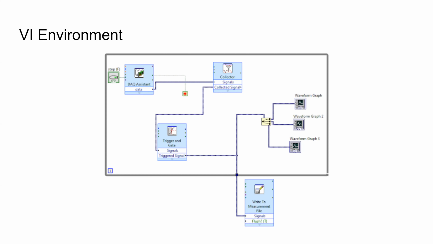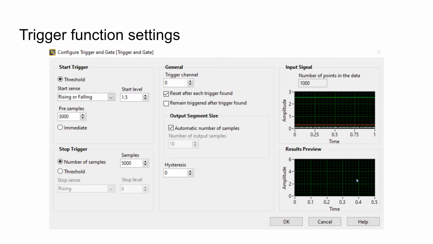All three of these are measuring different things, and so we have three different waveform graphs for that. And then we also have this trigger system, which tells LabVIEW when to start recording and when to stop recording based on when that trigger is met. Next slide.